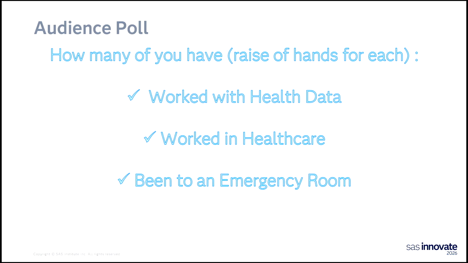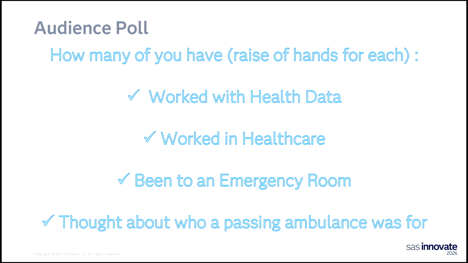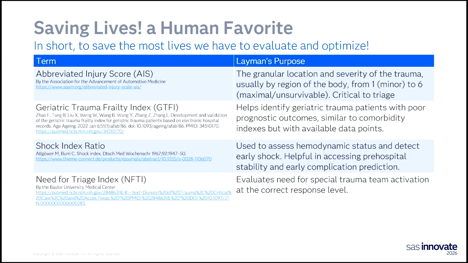And everybody should say yes to the following question. For personal reasons or otherwise, I'm sure we've all been there at one point, and this was my favorite one: thinking about an ambulance that goes by, and where's that person going? What happened to them today? What happens to them next? And so, yeah, saving lives, a human favorite.